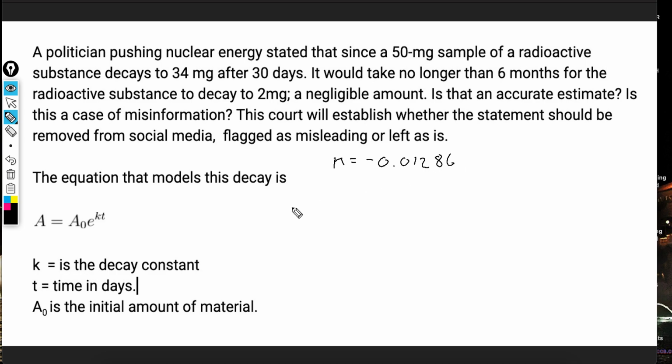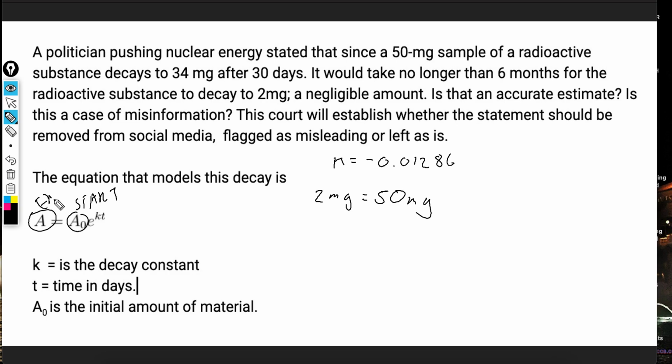We're going to substitute 2 for A. I'll just show you really quickly. So we'd have 2, because you know the 2 milligrams, equals 50 milligrams, the starting amount. The substance decayed even more, for 6 months, right? So this is the final. Remember, this is ending activity, starting activity.